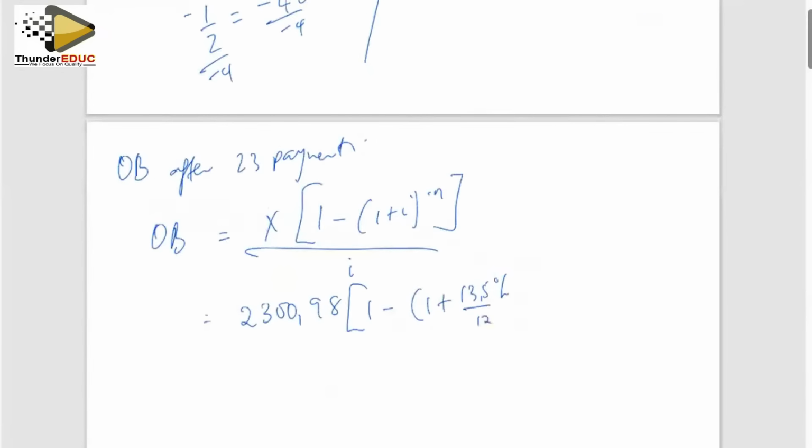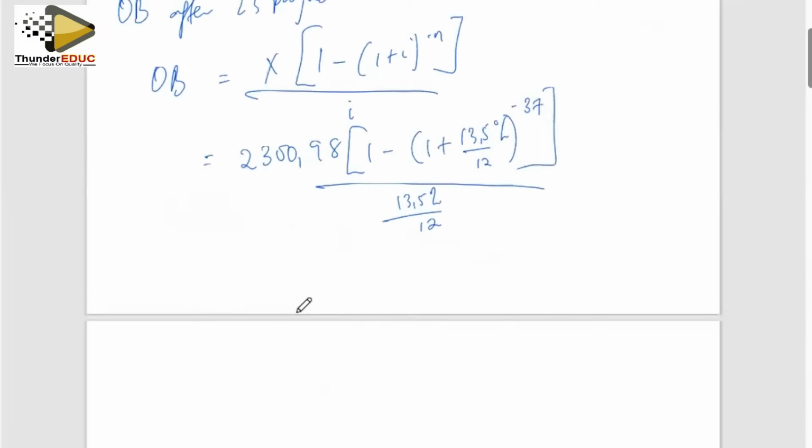So over 12, the exponent of negative 37, everything is over 13.5% over 12. Okay, so my outstanding at this point is 69,325,998. Okay, I'll make it 26. I round it off.